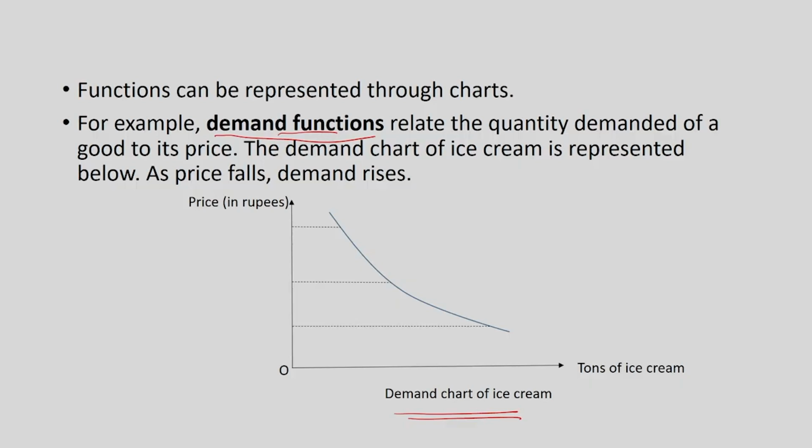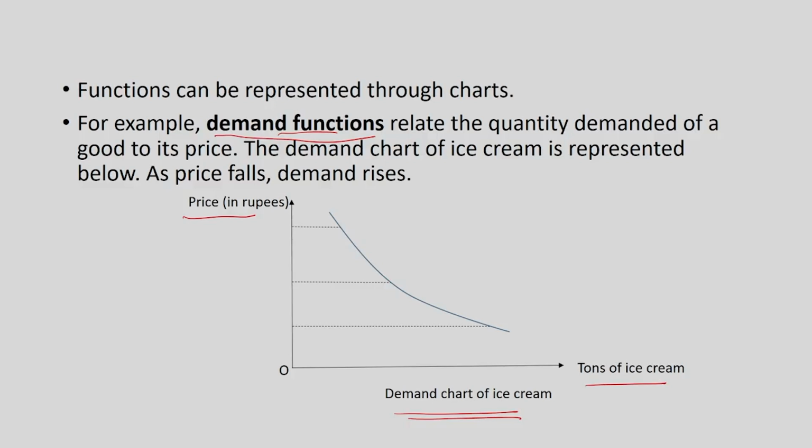Let us say in the entire market for ice creams, people buy more of that good if the price declines. So, that is what it is shown here. One thing to note here in this diagram that I have drawn is that I have represented price along the vertical axis, right, y axis, and I have represented quantity of ice cream along the horizontal axis.